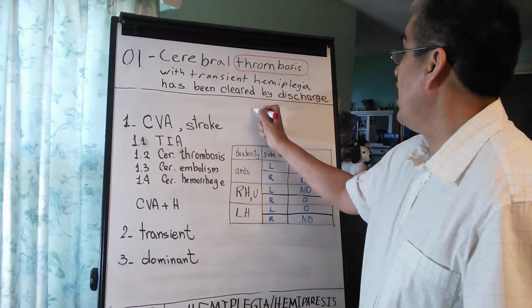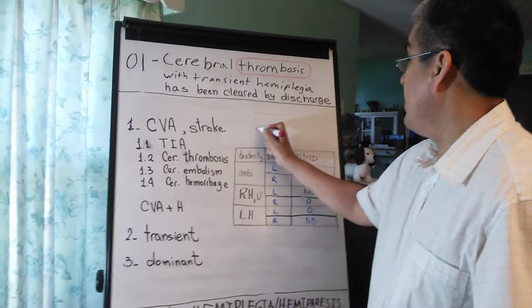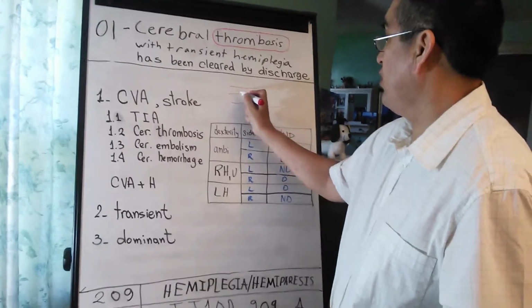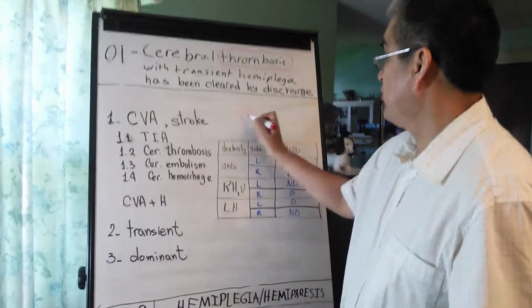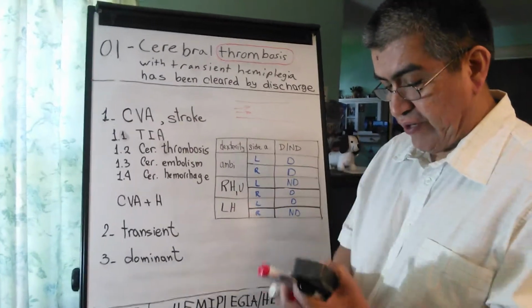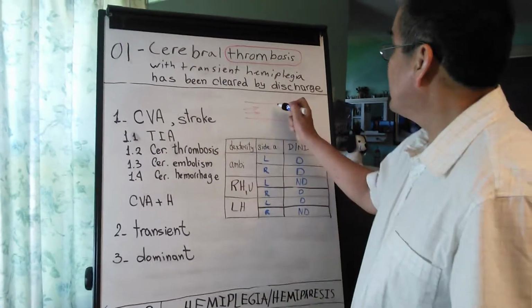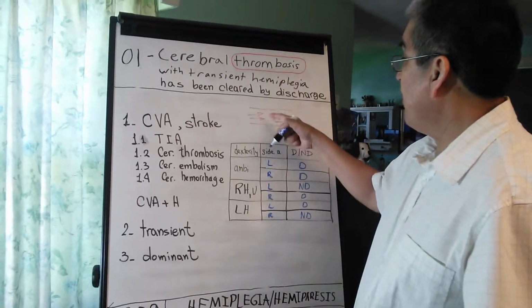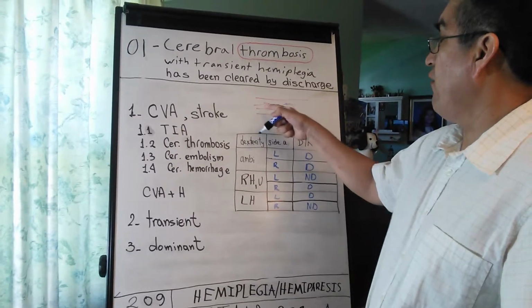The vein or the artery is like this, right? And the blood is flowing this way, right? And then the thrombus is like, let me put in another different color. The thrombus is like something that is here, and it affects the flow of the blood.